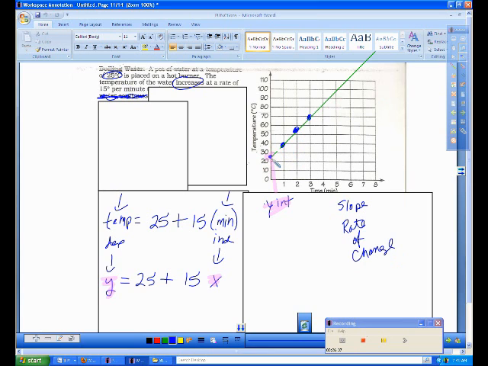So I'm going to hop over from this point to this point. I would have to hop over 1 to the right, which makes that a positive 1. To go from 25 up to 40, that means I hopped up 15, because we know that rate of change is your rise over your run. This is going to be 15 over 1, and they're positive 15 and a positive 1 because you hop to the right and then you hop up.